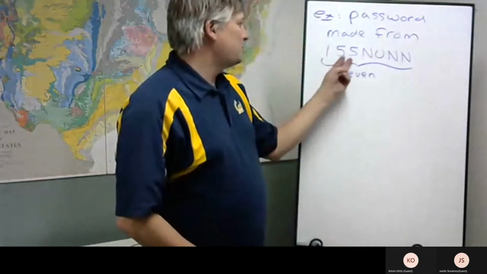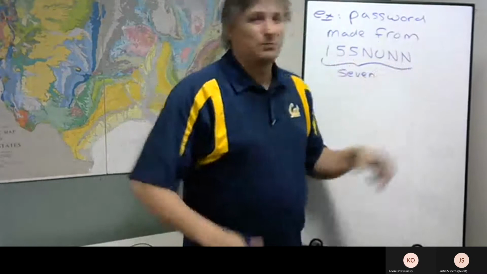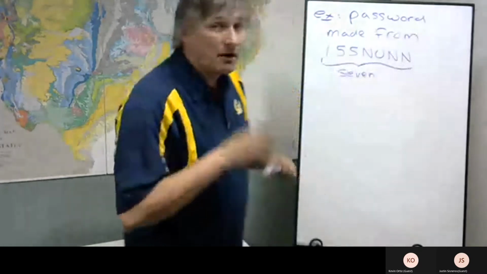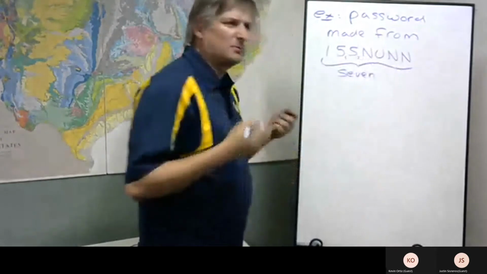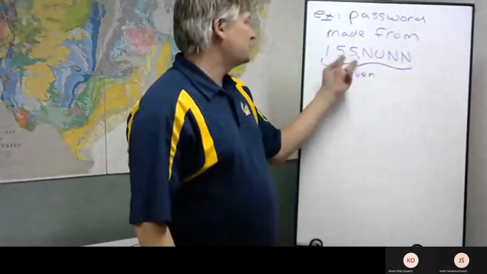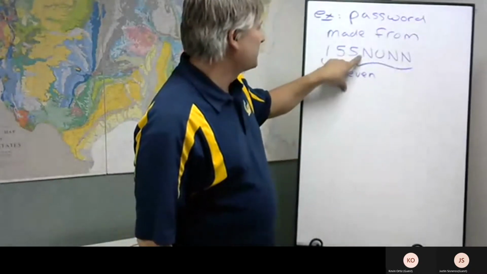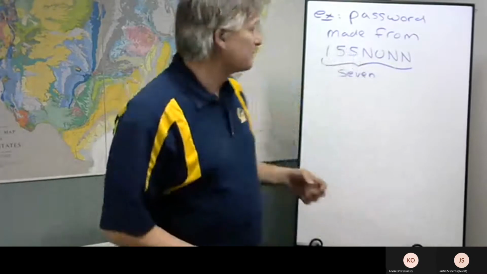In this case, if we switch the 5s, we still have the same password. We switch the Ns, we still have the same password. Now, if it was like this, 5152, and for some reason the computer, you could put subscripts on these, then if we switched them, we would now have another password. But since they don't have subscripts, switching the 5s doesn't change the password.